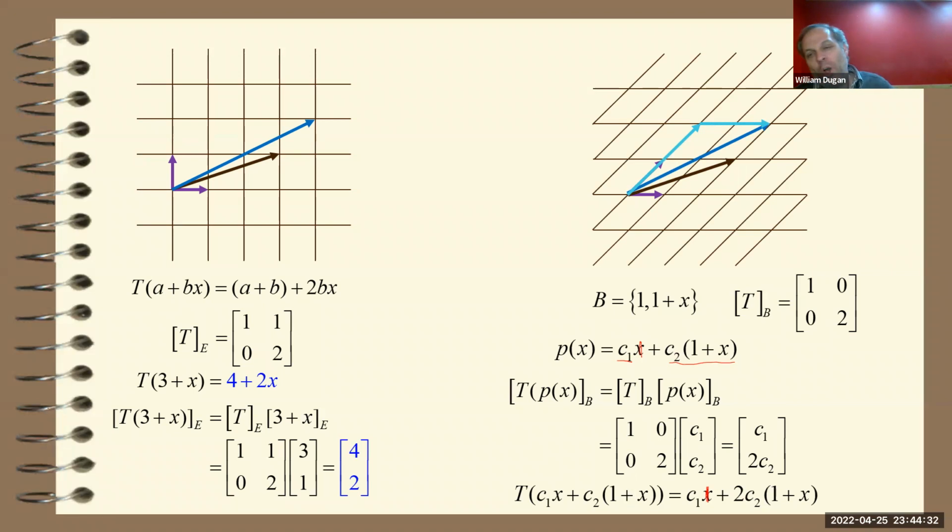So this then helps you figure out what the transformation is actually doing to the plane, in this case the vector space of linear functions. It takes the space of linear functions and stretches them in one direction and keeps another direction still. The direction it doesn't change is the direction of the constant 1.